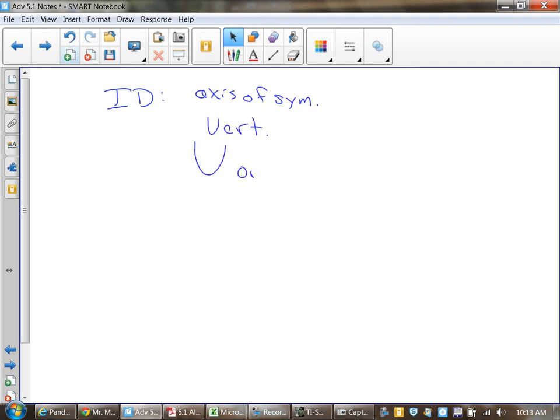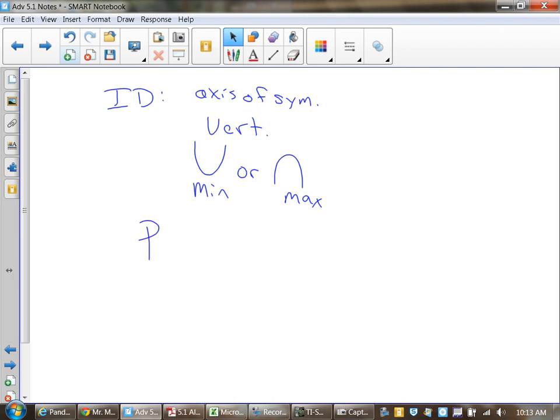Is it up like a cup or down like a frown? So if this is up like a cup, what's the vertex? Is that a maximum or a minimum? Make sure you start writing that down. It's very important because I'm going to show you a nice little trick with maximum and minimums. So let's just do that for today. We're not going to worry about the algebra of moving back and forth between the two. So we'll worry about that stuff tomorrow.